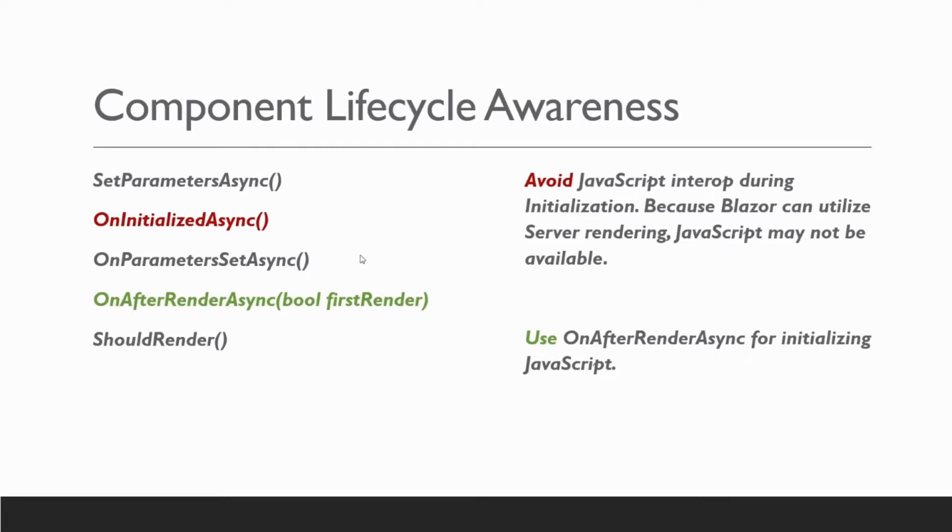But in certain instances with Blazor, especially with server-side rendering, JavaScript might not be available while the component is being initialized. So for that reason, we generally want to use our JavaScript APIs inside the OnAfterRenderAsync method. So we know that the component has been initialized and JavaScript is already available.